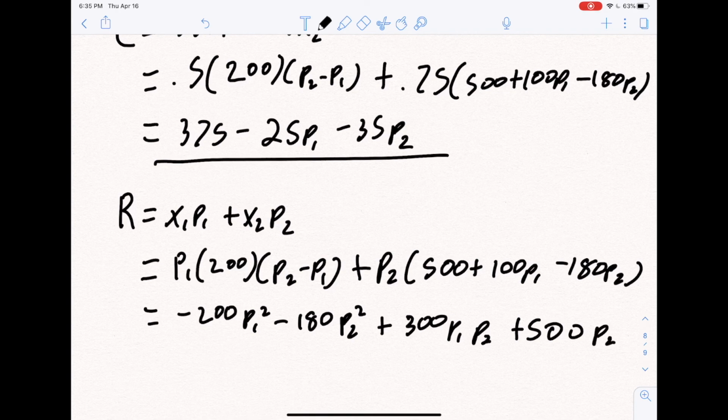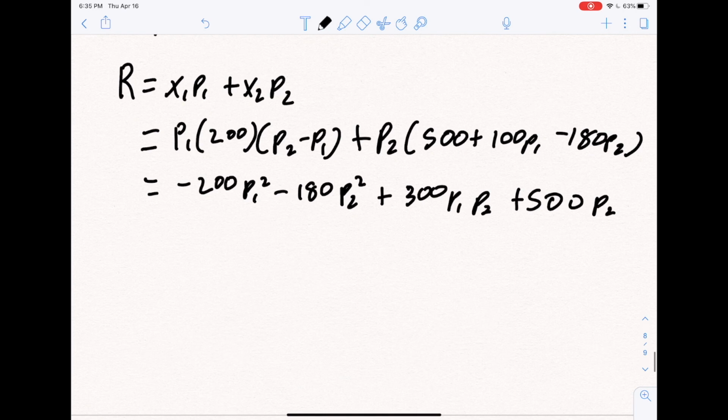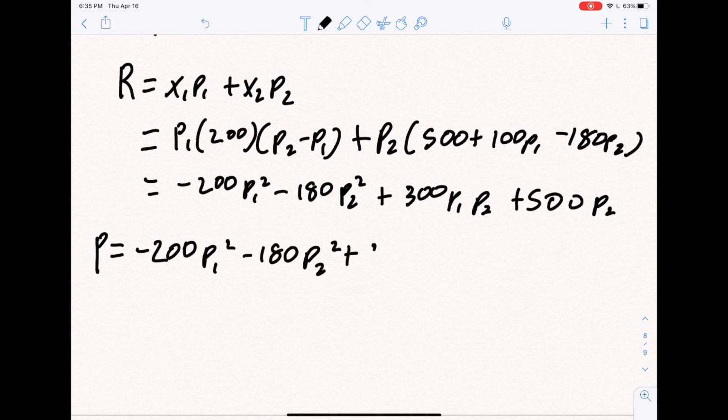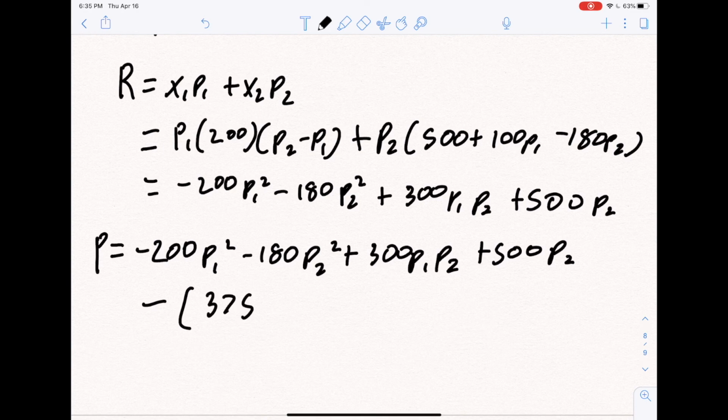And now that we have all that, we can combine revenue and cost together to get our profit function. So our profit function is going to be our revenue function, minus 200 p1 squared minus 180 p2 squared plus 300 p1 p2 plus 500 p2, minus the cost function, which let's recall was 375 minus 25 p1 minus 35 p2.